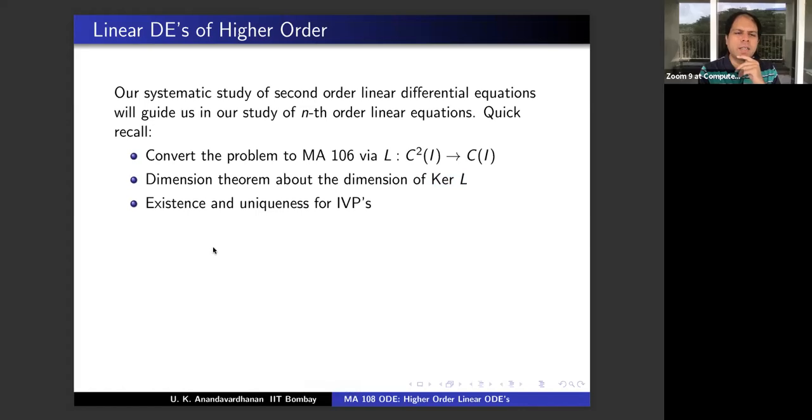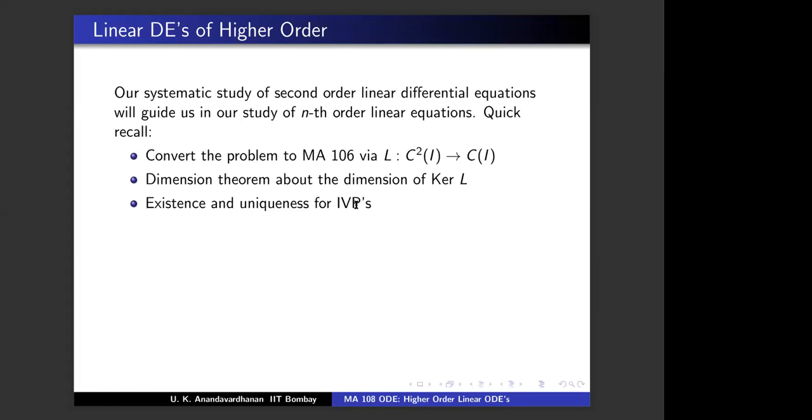And then we had existence and uniqueness for IVPs. IVP is initial value problem. How did an IVP look in second order? You had a second order equation y'' + p(x)y' + q(x)y = 0, and the initial values: y(x0) is given and y'(x0) is given.